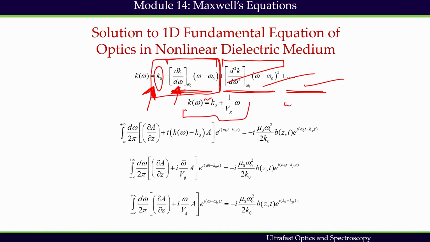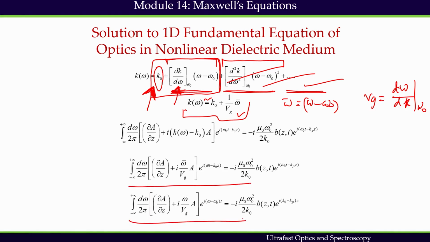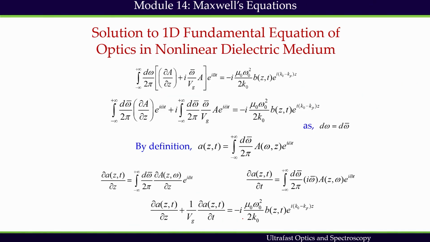We know that omega bar is nothing but omega minus omega naught, that is written here, and Vg, the group velocity, we have seen previously, it is d omega dk at omega naught. So this is 1 by Vg. If we insert that, then I get this expression, rewriting this expression a little bit here, and finally after rewriting these expressions, we get this.